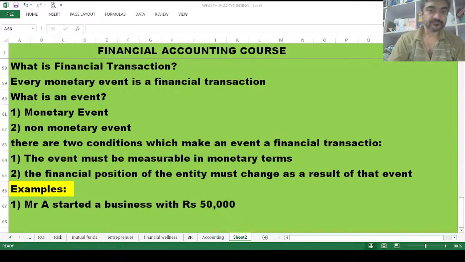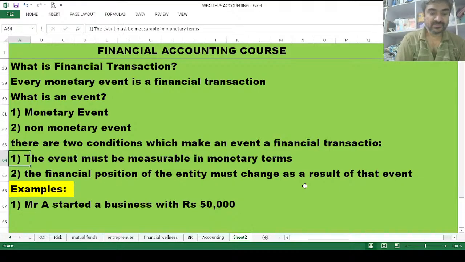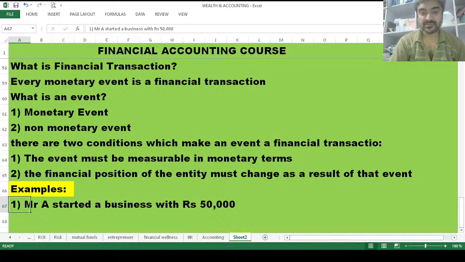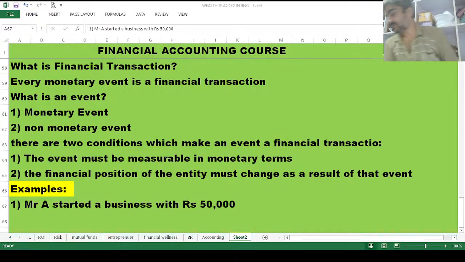Now let's try to evaluate these two conditions on this example of Mr. A. It is a financial transaction.